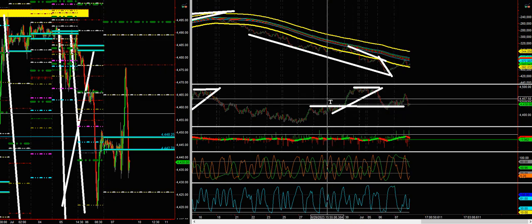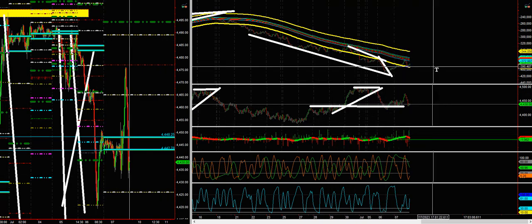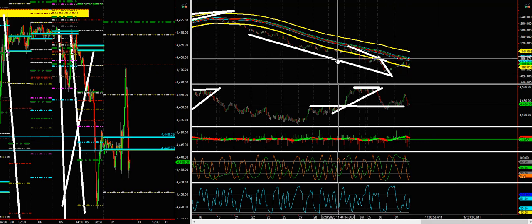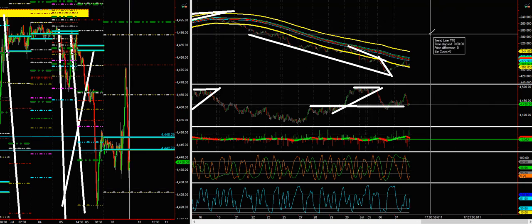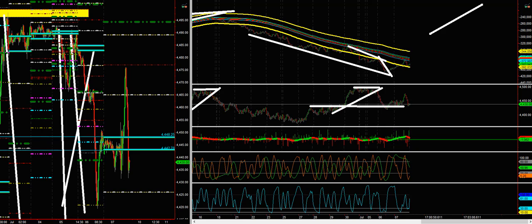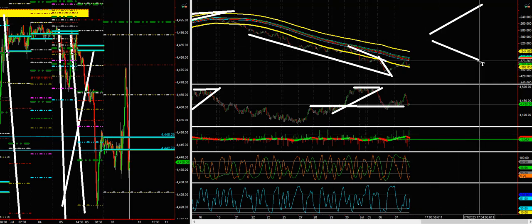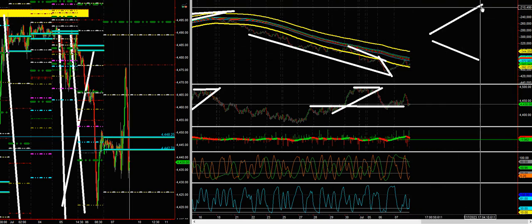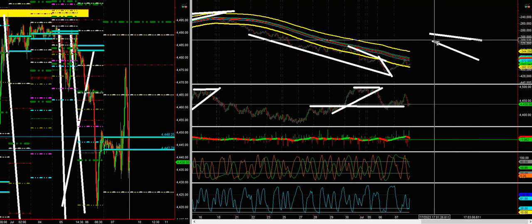By the virtue of the prior pivot, are they expanding pivots? Are they compressing pivots, like shorter and shorter, creating a triangular compression? So are the pivots creating this shape, expansion shape, or they're creating apex shape?